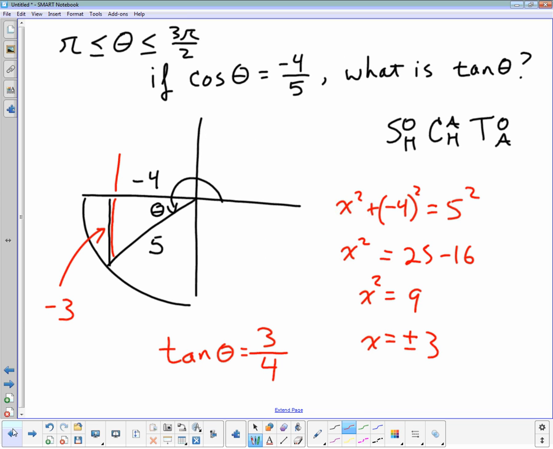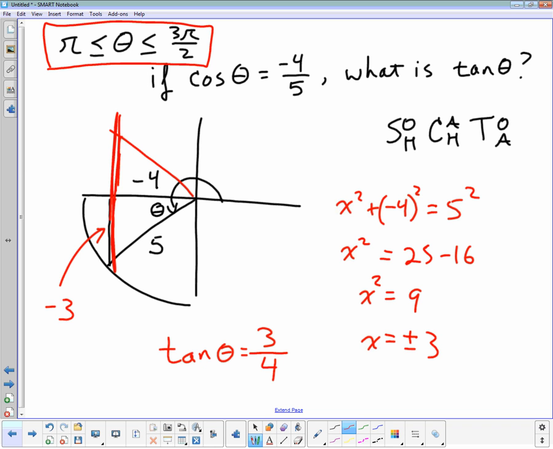Because when I use the calculator to do this, it assumes that you're living in the second quadrant, in the upper half of the circle. It assumes an angle here. But that's not the one that we want. Because if you think about this, there are two angles that when I take the cosine of them give me the same x value. It's the same idea. So you need to look very carefully at that.